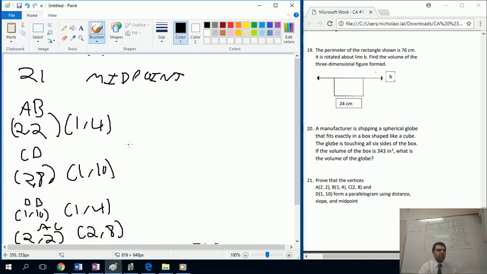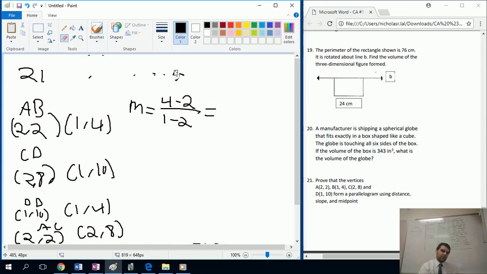So let's find the slope for each one. So that's just going to be equal to 4 minus 2 over 1 minus 2. I said M, but M is the sign for slope, so you find the slopes.